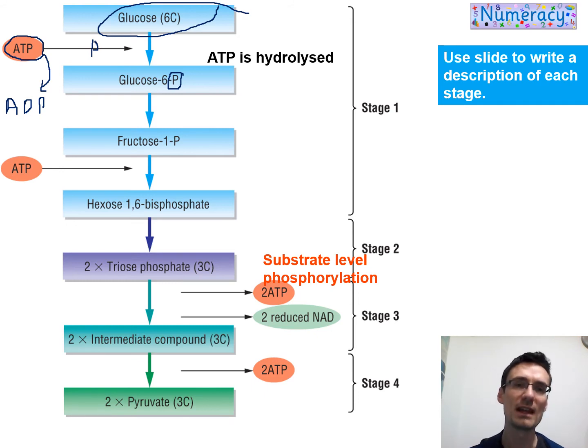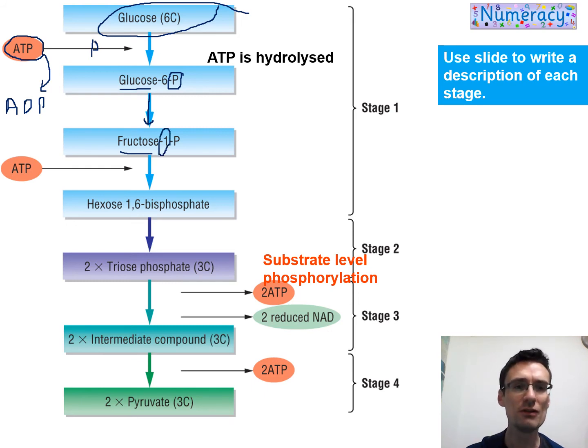And what that means is that the phosphate is attached to carbon number 6 on that glucose, making it more active. Now what then happens is the glucose 6-phosphate gets converted into fructose 1-phosphate. And all that means is it's being turned by an isomerase into an isomer of glucose. So fructose has got the exact same formula, there's only 1 phosphate still, it's just now on carbon 1.